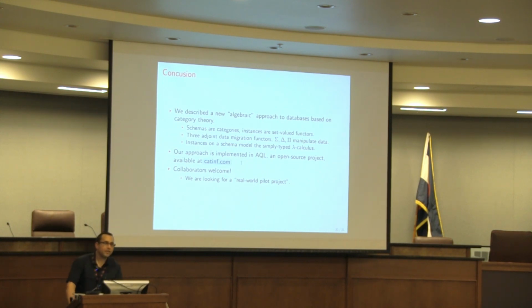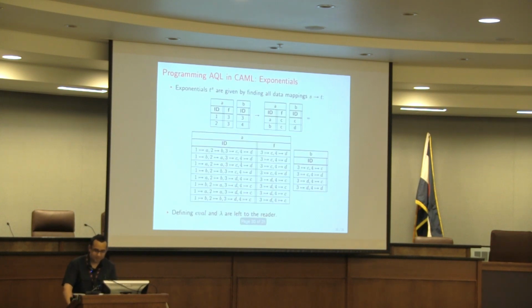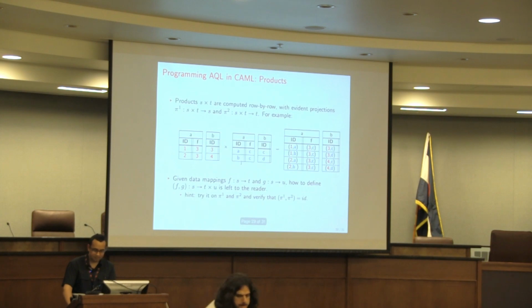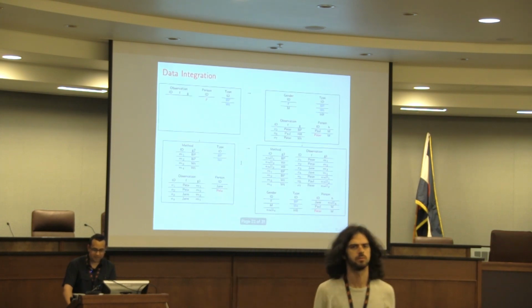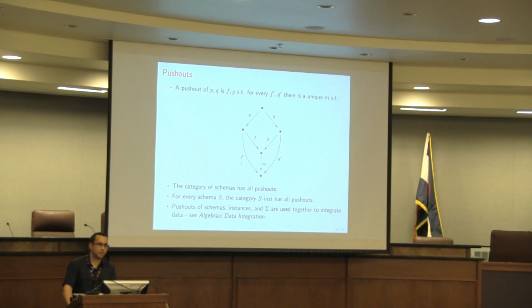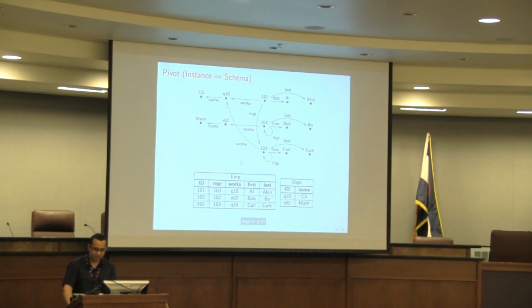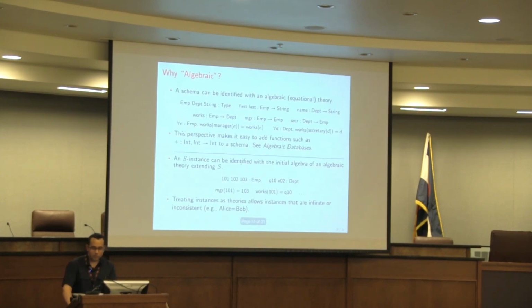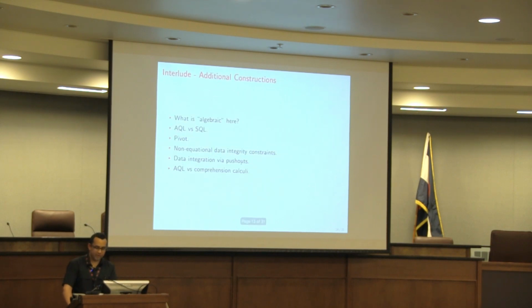What's the benefit of doing this over any of the other standard ways of doing things? So the claim is that this tool does high assurance data migration and data integration. What you can't do with this tool, for example, is materialize an instance on a schema that does not satisfy the equations.